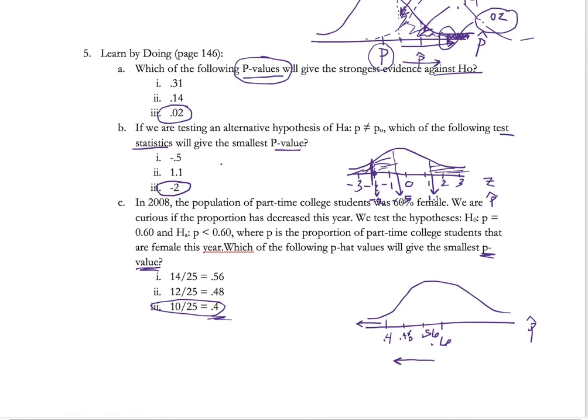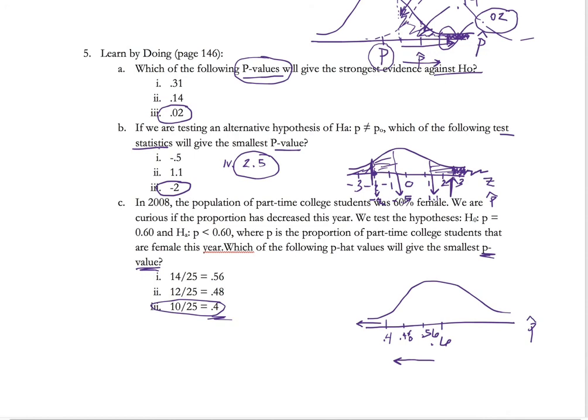If there was choice 4, which was a positive 2.5, then that would be the value that gives you the smallest p-value, because 2.5 would be furthest from center, and so the area outside of that would be the smallest.